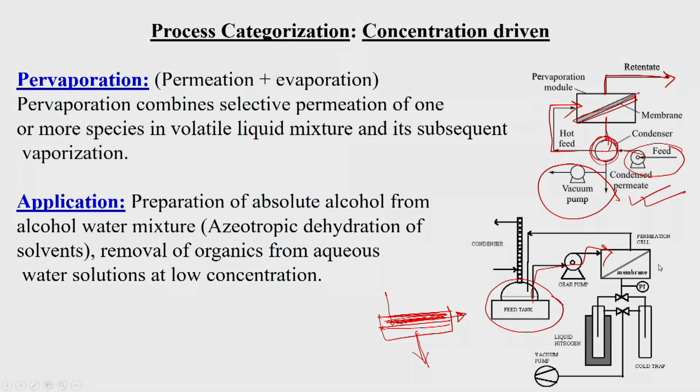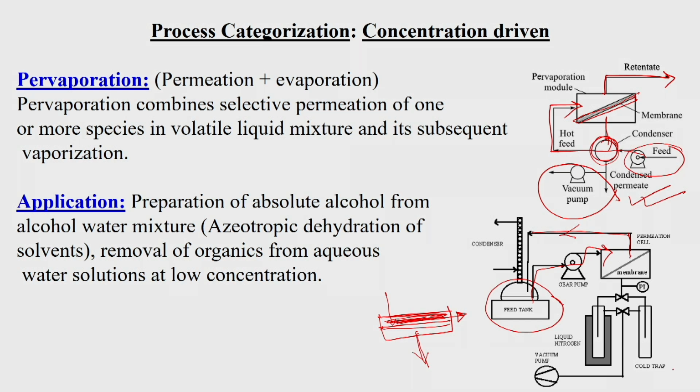That is why there is a part called the permeation cell. From here, one part will be there with low volatility, and the other has high volatility, or a low boiling point.